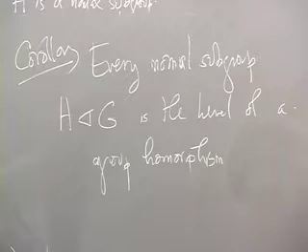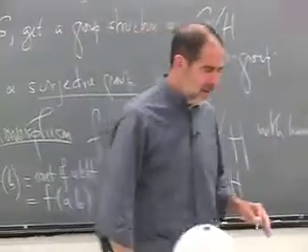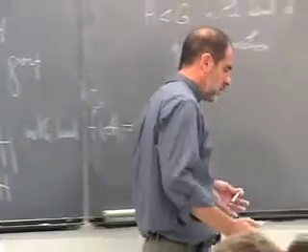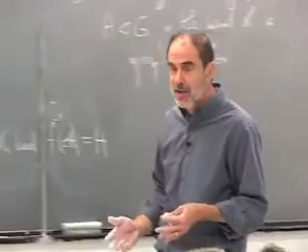All right. Now, the final result I'm going to deal with today is more or less tautological, but it's got a fancy name. It's called the first isomorphism theorem of group theory. I don't know. These names are idiotic. The fundamental theorem of algebra is not a theorem in algebra at all. It's a theorem in complex analysis.